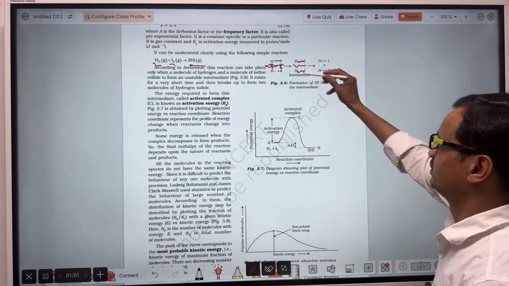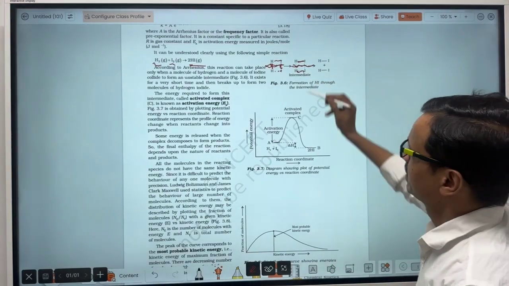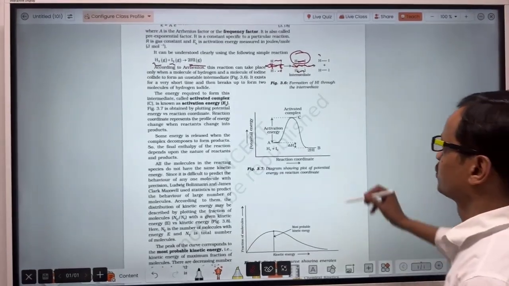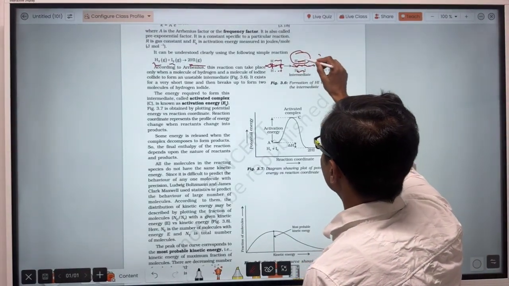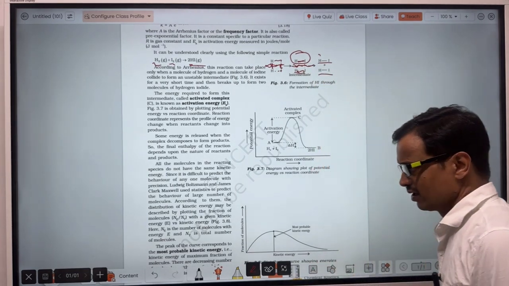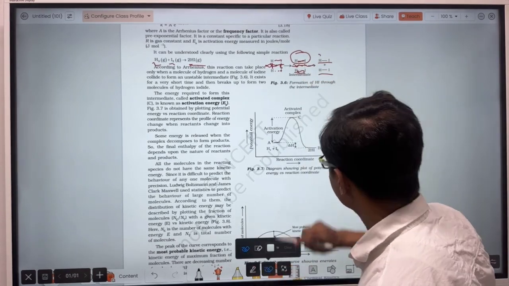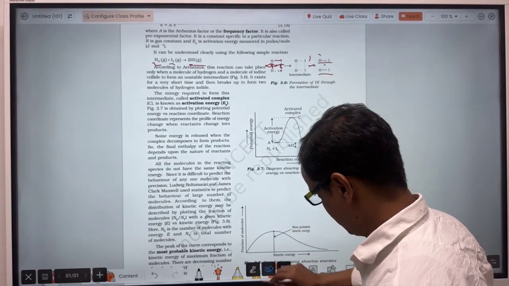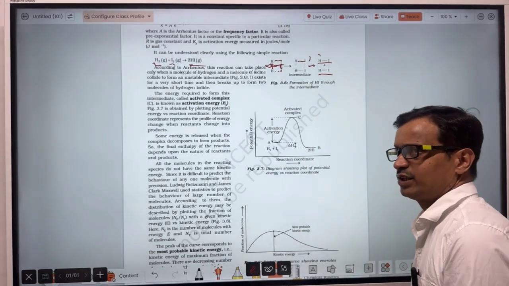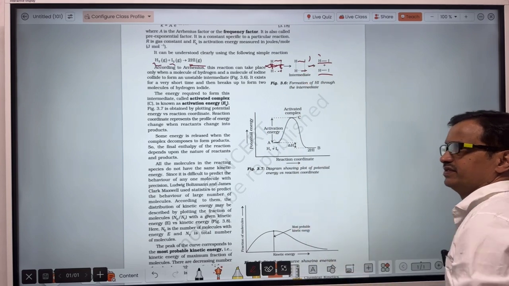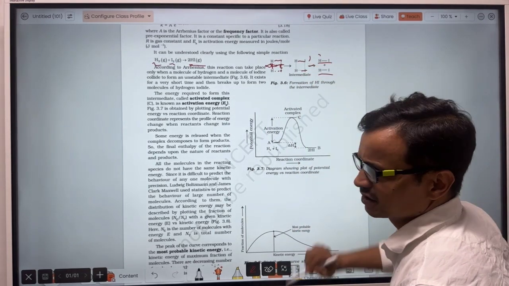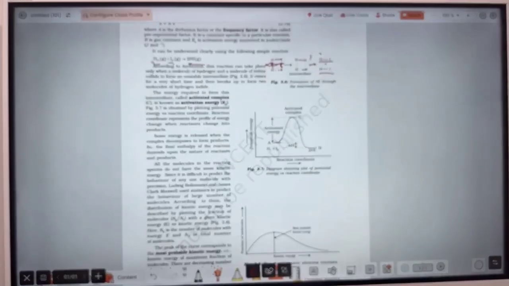Finally, this bond and this bond both will dissociate, and bonds between the hydrogen atoms and the iodine atoms will form, giving the HI molecules. This is the stage at which bond formation begins between hydrogen and iodine atoms, and the dissociation of the bonds between the two hydrogens and between the two iodines starts.